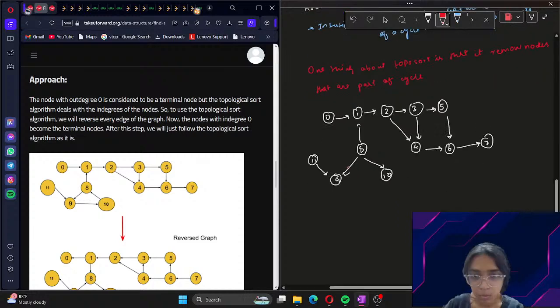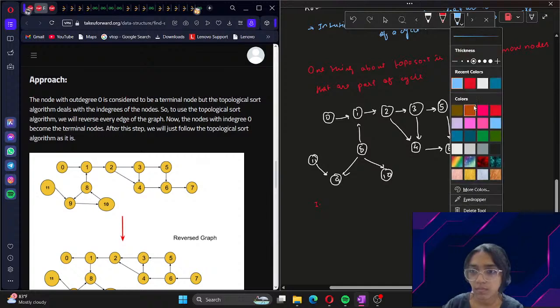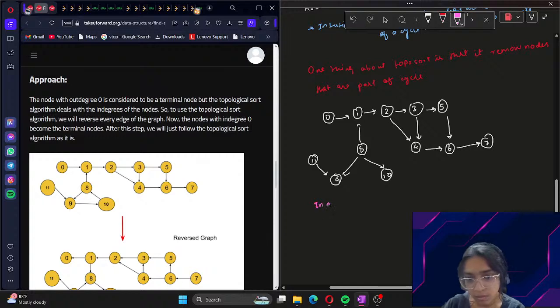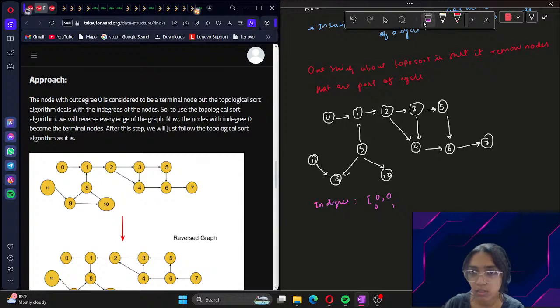What topological sort does is it carries an in-degree vector of all the nodes.